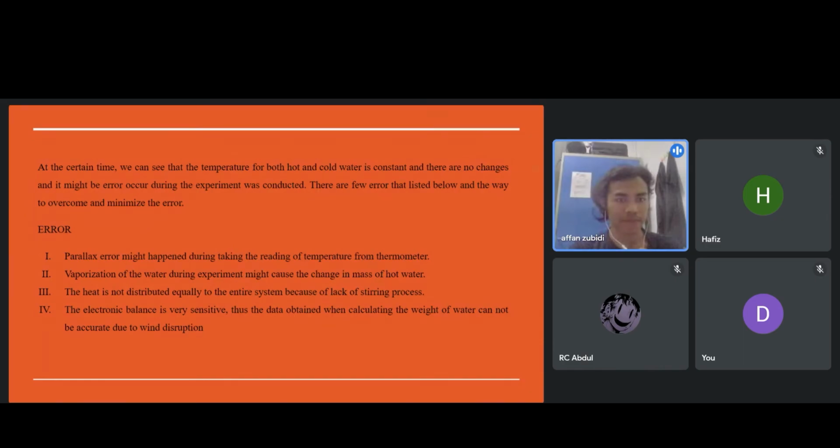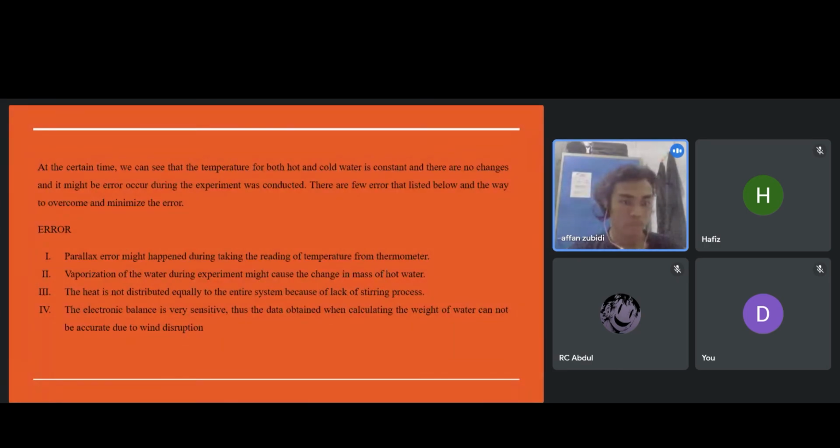At a certain time, we can see that the temperature for both hot and cold water is constant, no changes, and it might be due to errors that occurred. So here I have listed the errors that might occur.